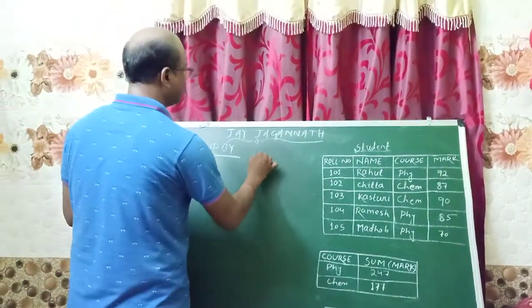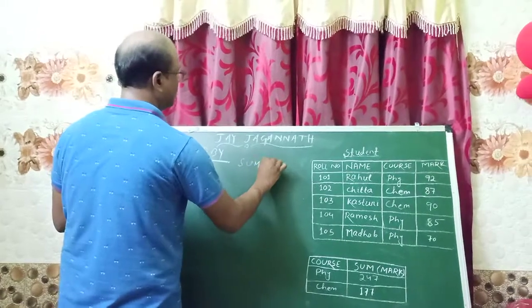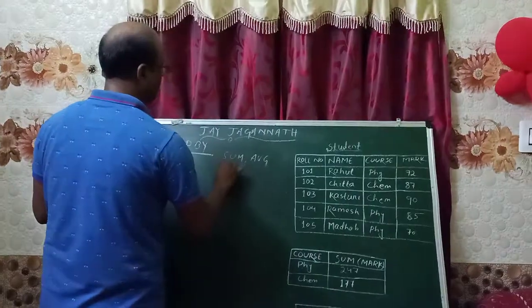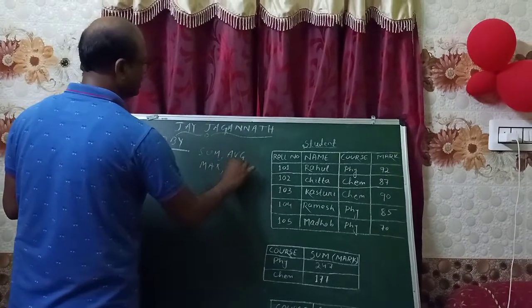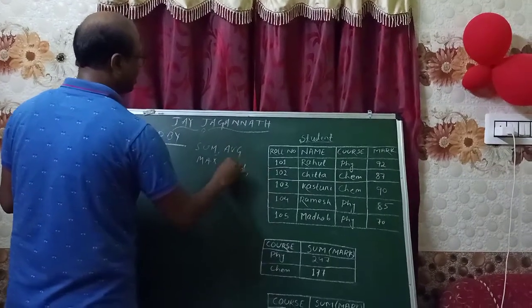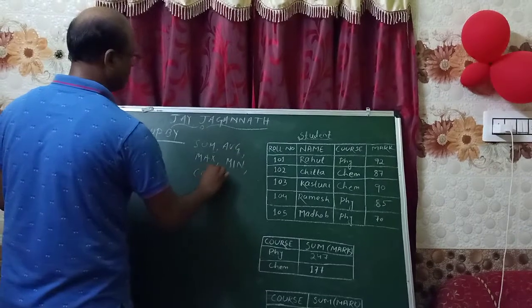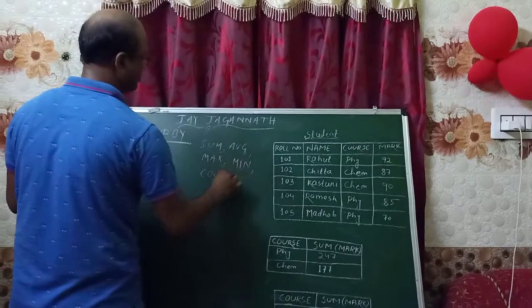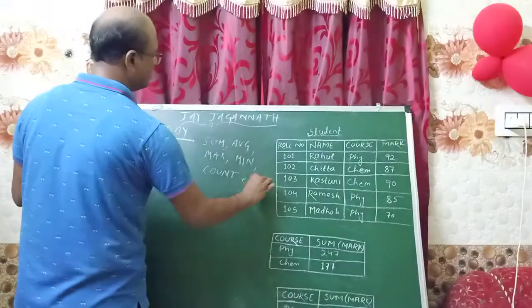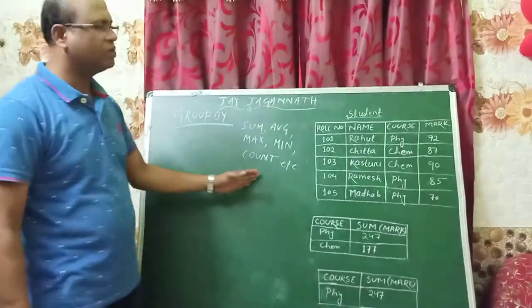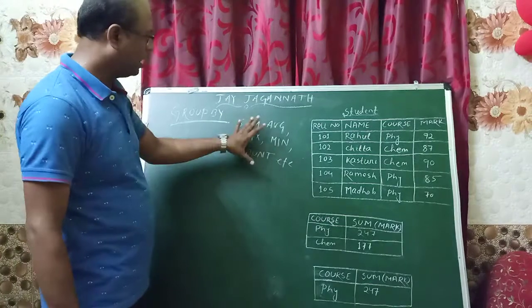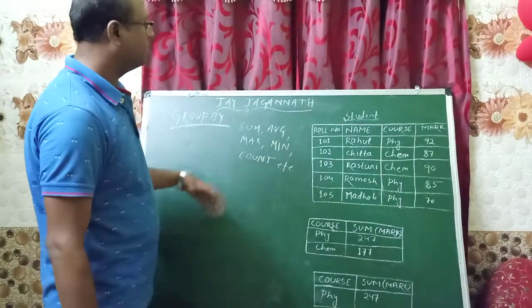Aggregate functions like sum, AVG, that is the average, max, it gives the maximum value, min, this is the minimum value, count, it will count the number of rows, etc. These are known as the aggregate functions. In one class, we will discuss separately about the aggregate functions.